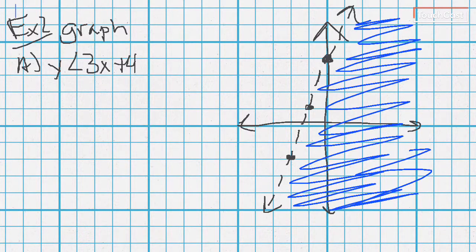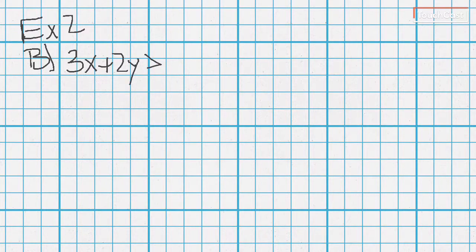Let's look at graphing another inequality to see how it still works. So this is still example 2, but this one's example 2b, where we're going to graph 3x plus 2y is greater than or equal to 6.